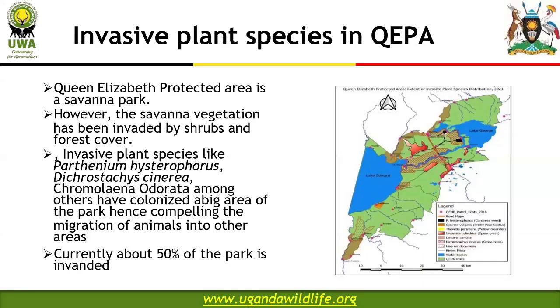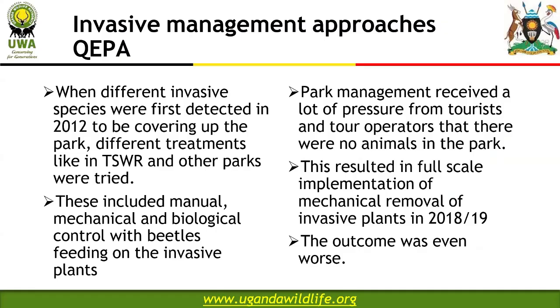As I had already mentioned, over 50% of the park is covered by invasives. So not any different from Tarangire Murchison when the park started covering up. Also, different treatments were applied that included manual and biological control, where beetles were introduced to feed on the invasives, but when they were introduced, they also became food for others.